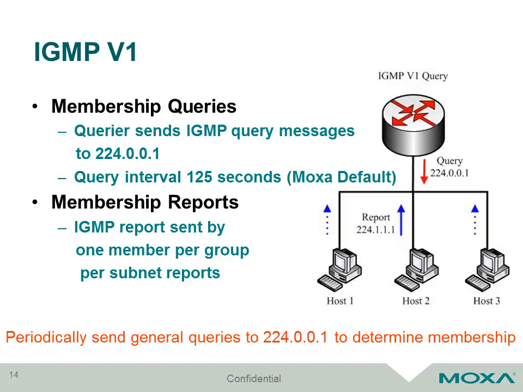Also, Moxa's default query interval is 125 seconds. Once the host receives the membership query, it will send a membership report back to the querier. Overall, it periodically sends general queries to 224.0.0.1 to determine whether membership still exists or not.